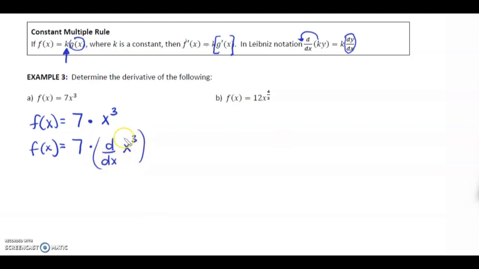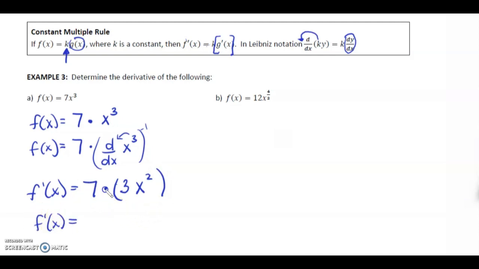So f prime at x equals 7 times, and then for the x cubed, I'm going to bring down the 3, x, and then it's going to be 3 minus 1, which is squared. So f prime at x, all we do is simplify this. 7 times 3 is 21. x squared can't simplify. It's 21x squared.